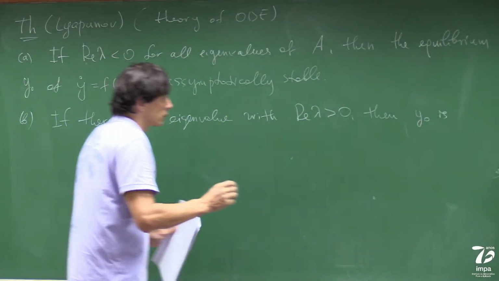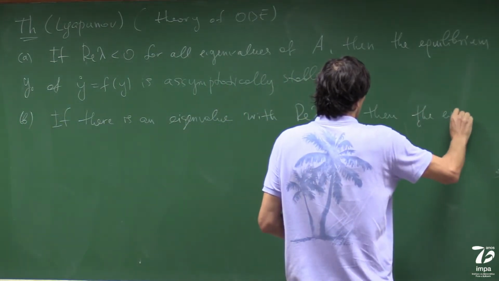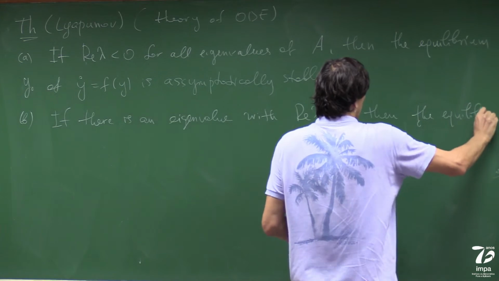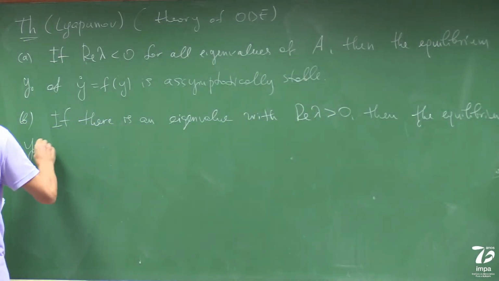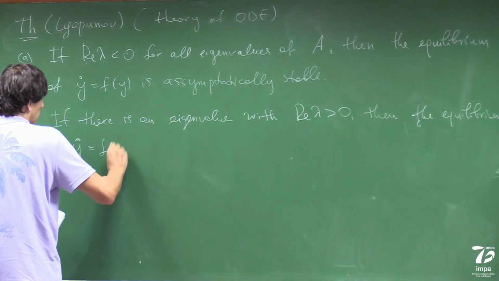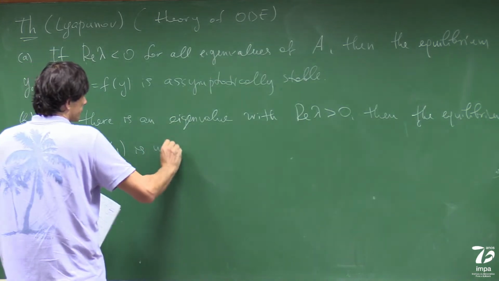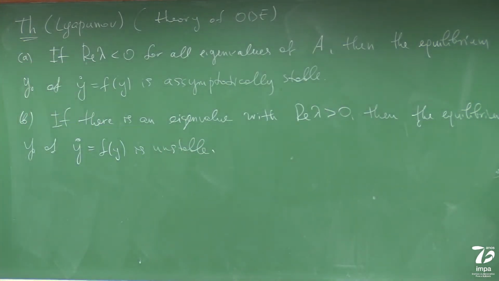Let's write it. Then the equilibrium y0 of this nonlinear system is unstable. That's it.